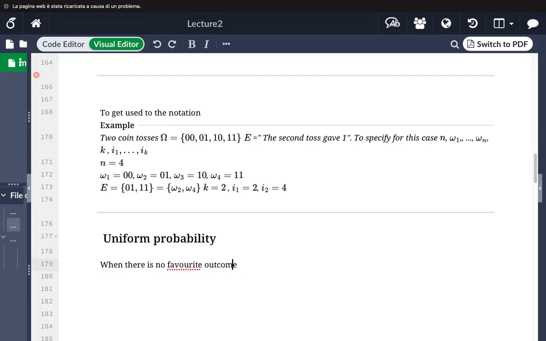It means that each outcome is equally probable.